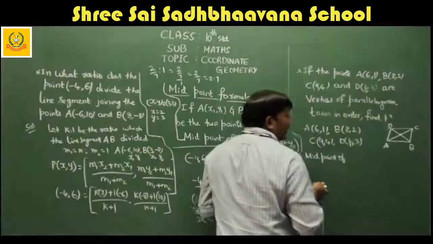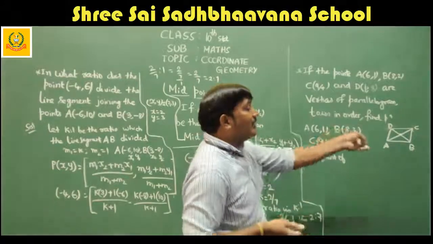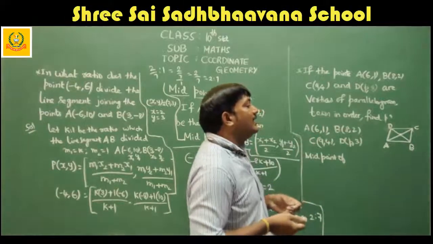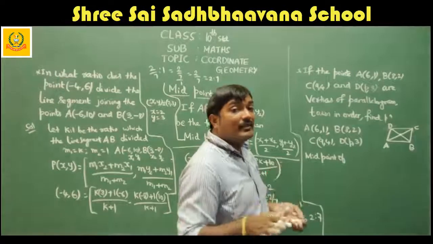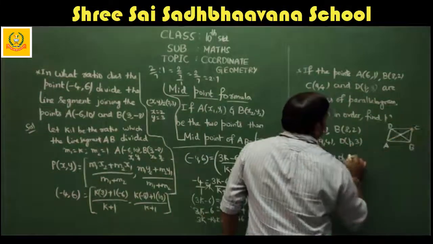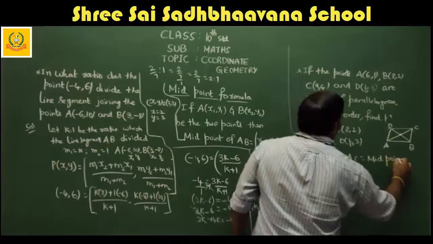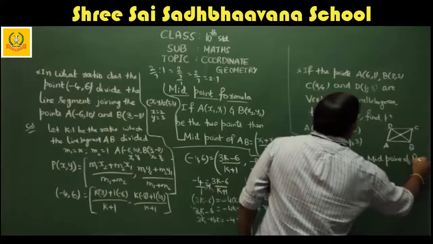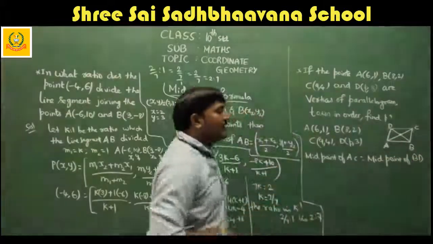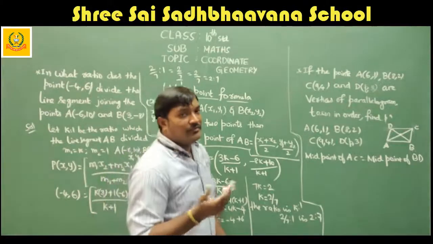That is one more mistake you might make. Diagonals you should take, not sides. Sides are AB, BC, CD and AD. Those are the sides. Diagonals are what? The midpoint of AC should be equal to the midpoint of BD. Easily you will get the answer of P here in an easier manner, without more complications and with less simplification.